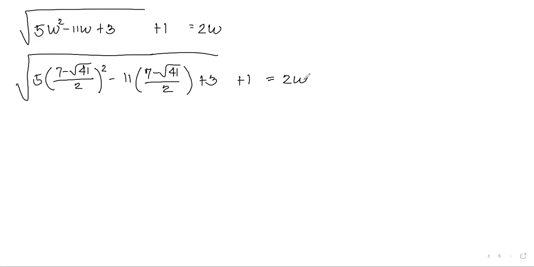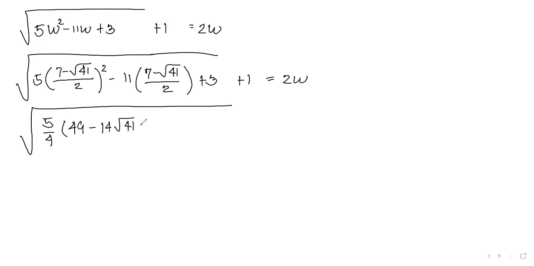Ayan. So, halos ganun lang din sila sa process. So, 5, ano ka na dito? 2 squared na to. Tapos ito ay naka-express na. 7 times 7, 49. Minus 7 times 14, square root of 41. Tapos square root of 41 squared, 41. Minus 11 over 2.